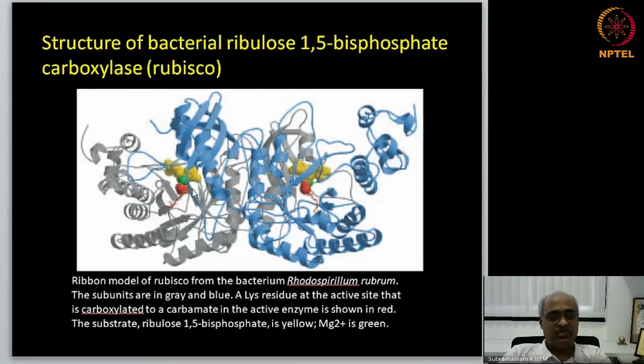So you have the magnesium here, and this is an important lysine residue that plays a role, and this is the ribulose 1,5-bisphosphate substrate, the yellow color one. So this is a lysine that is in carbamoyl form in the side chain of the enzyme that plays an important role in the catalysis. So all of that coming in the next couple of slides.